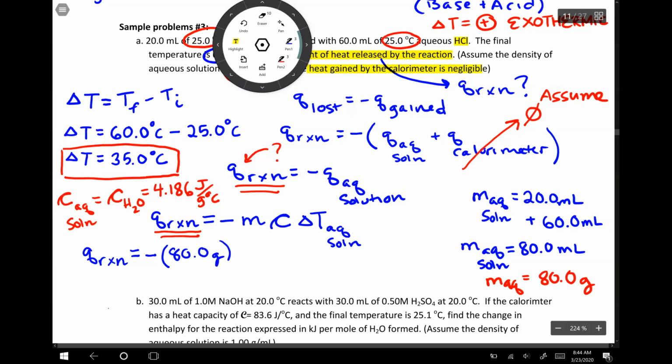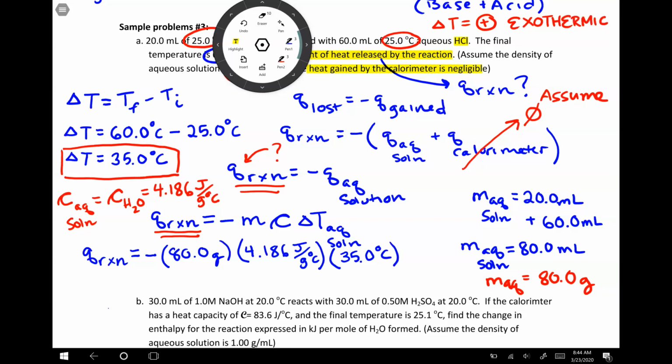My specific heat capacity of the aqueous solution is the same as that of water, so I'm using my constant, 4.186 joules per gram degrees Celsius. Those are my units. And I'm going to multiply that by the delta T of my aqueous solution, 35.0 degrees Celsius. That's the delta T that I calculated originally.